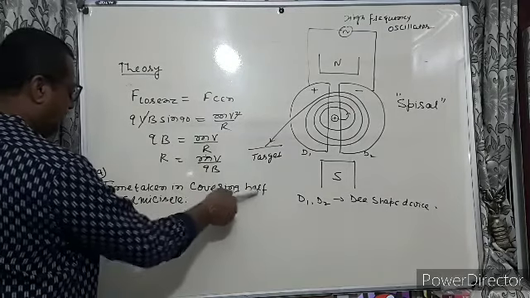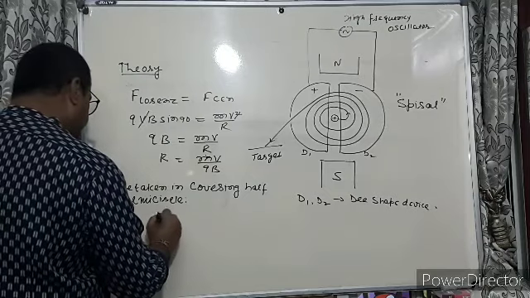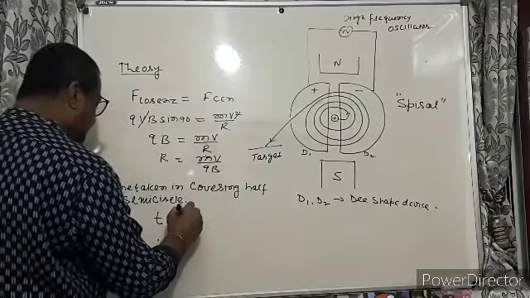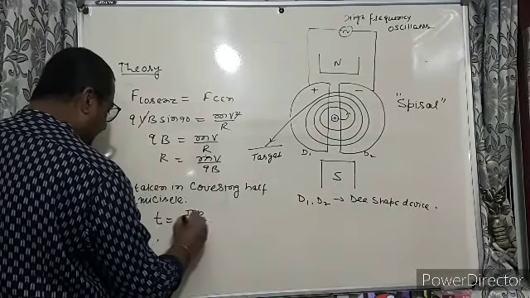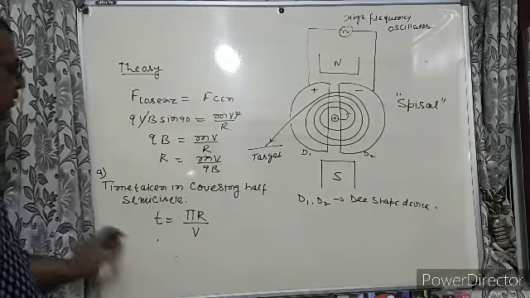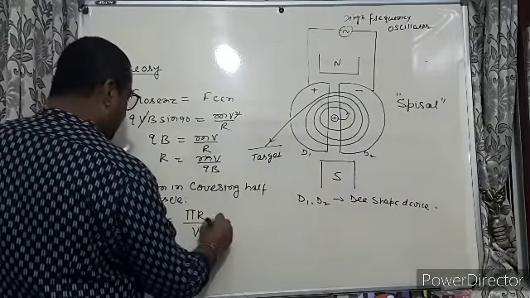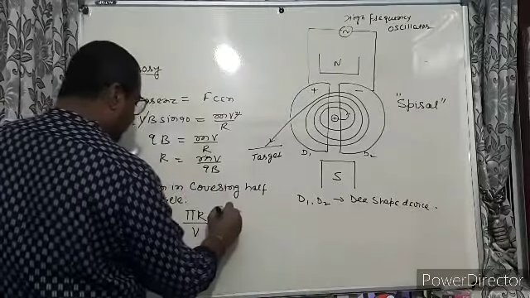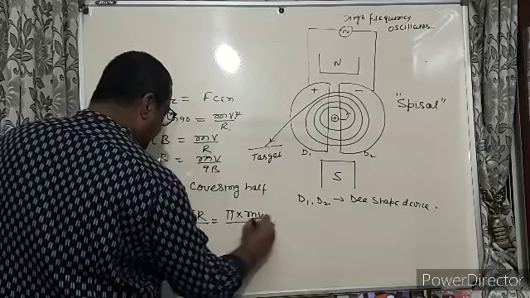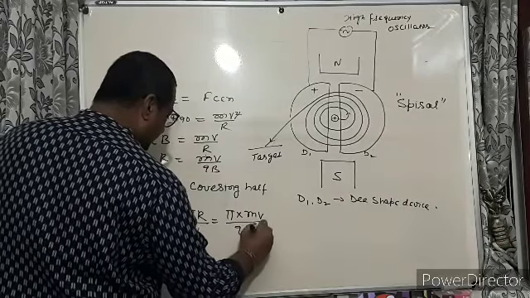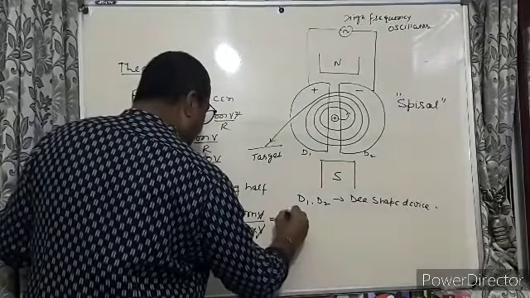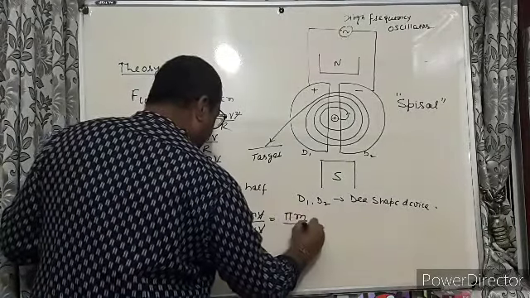Time taken in covering half semicircle, t, this is the half semicircle, that is pi r by v, because time equal to distance by velocity. r equal to mv by qB, so v will be cancelled, so time will be equal to pi m by qB.